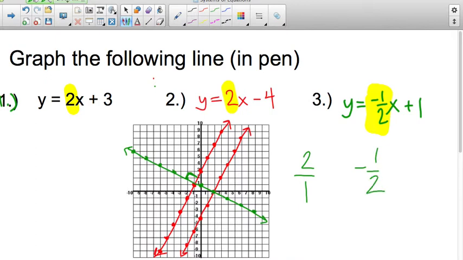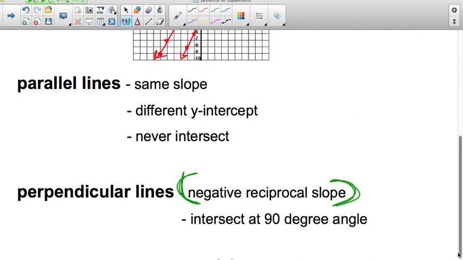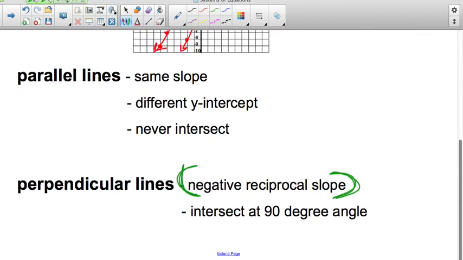Okay? We know when we look at this slope that it's perpendicular because it's the negative reciprocal, or in other words, if you took 2/1 and you flipped it and gave it the opposite sign, it would give you negative 1/2.